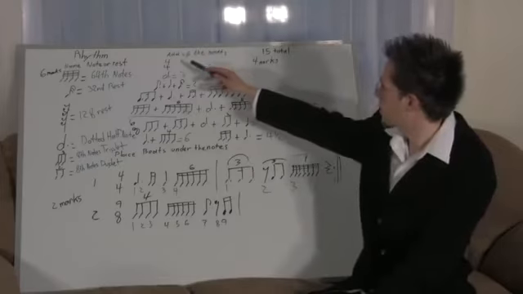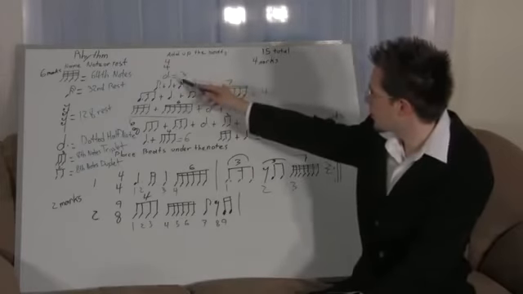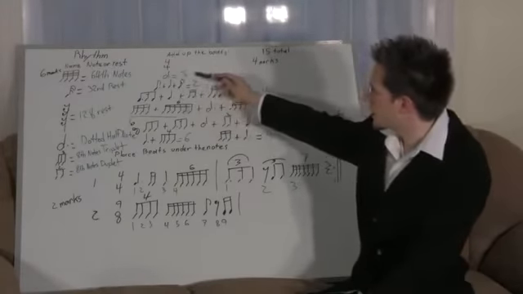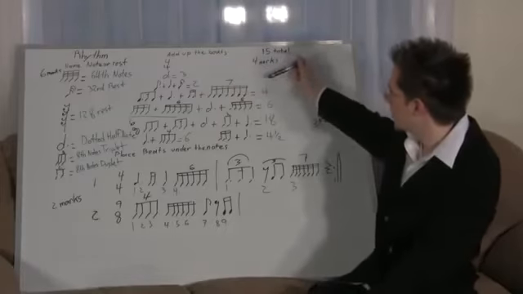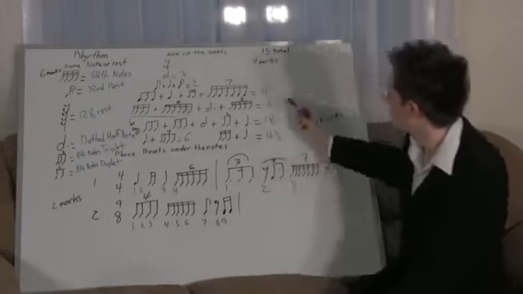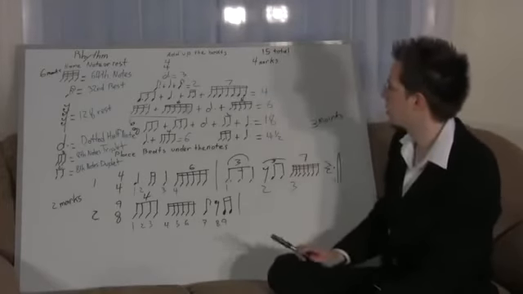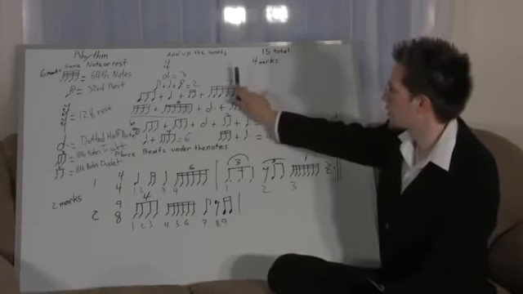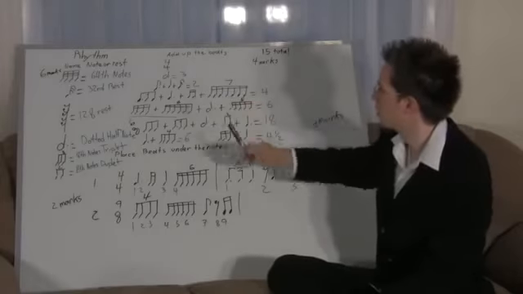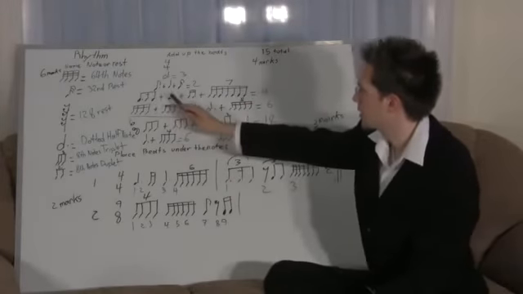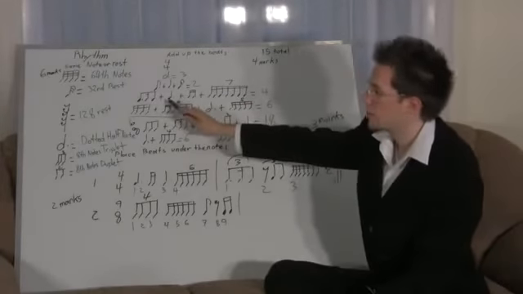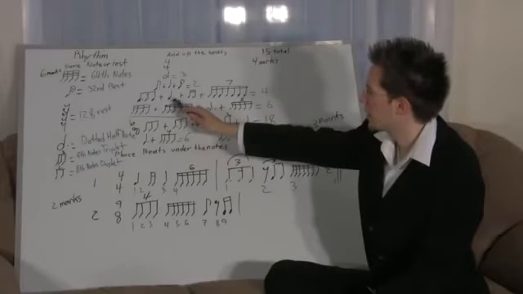Now up here we have add the beats. Four times. The first answer is 3, the second answer is 2, the third answer is 4, and the fourth answer is 6. How you get this, in case you didn't know, is when you have a 7 it actually counts as a 4, and 4 would be 1 beat. So that's 1 beat, and that's another 1 beat and a half.